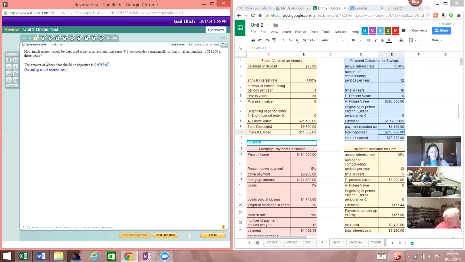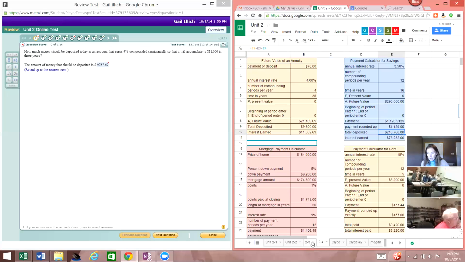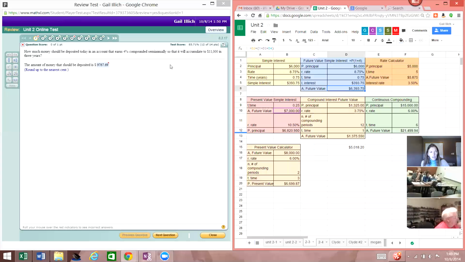All right. Let's see if we can do this again. How much money should be deposited in an account that earns 4% compounded semi-annually? We want to end up with, so this is what we want to end up with. 3, correct? Yeah, I think it's 2, 3. And this should be the present value calculator.